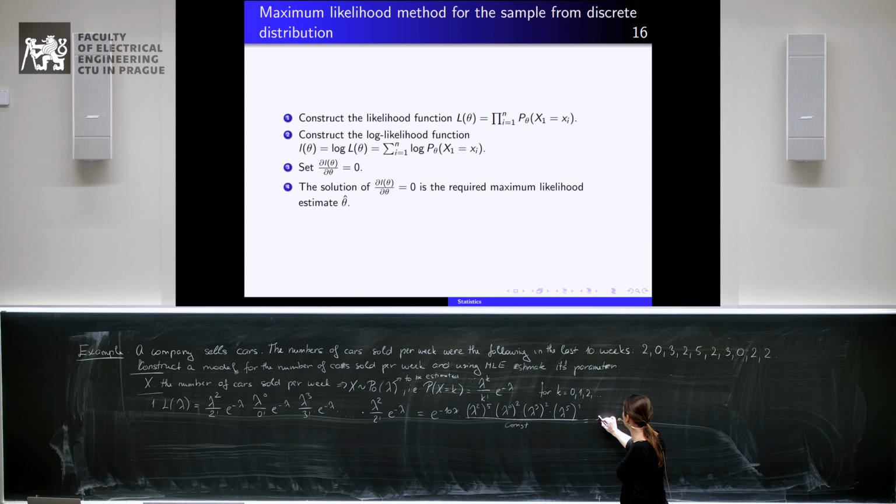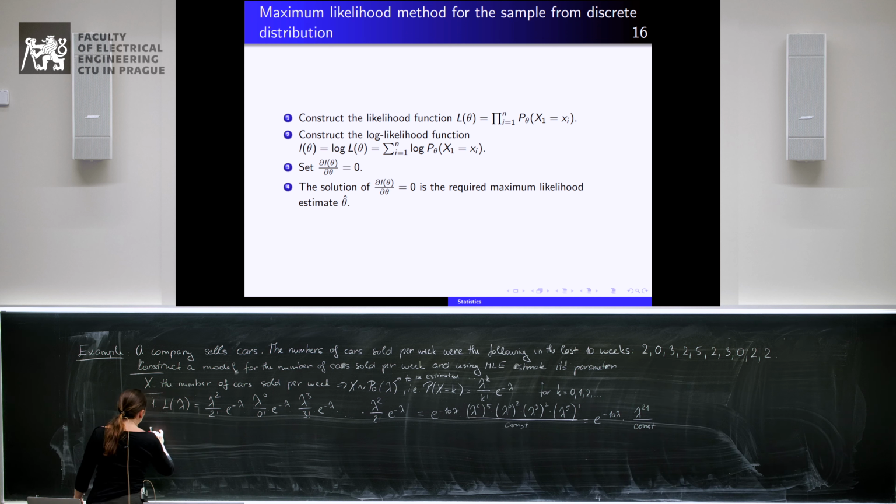So it is e powered by minus 10 lambda times lambda powered by 21 over this constant.